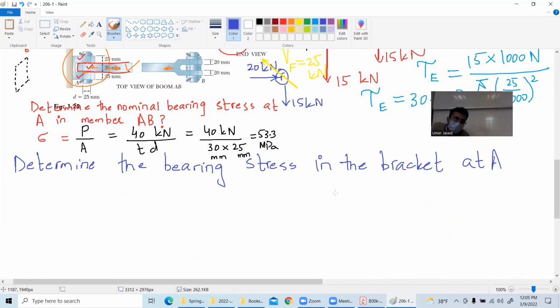So our online students can do it themselves as well. So the pin is touching the bracket at two portions, right? And it's touching like this. So I have two chunks that I have to take care of.